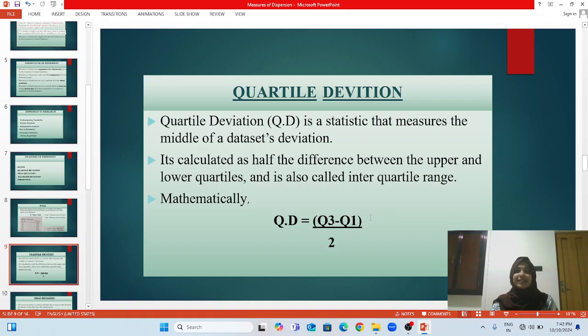Sorry, there is a mistake. The Q1 value is obtained by adding 1 to the number of observations and dividing by 4, and we get the Q3 value by multiplying the Q1 value by 3. Then Q3 minus Q1, divided by 2, gives us the quartile deviation.